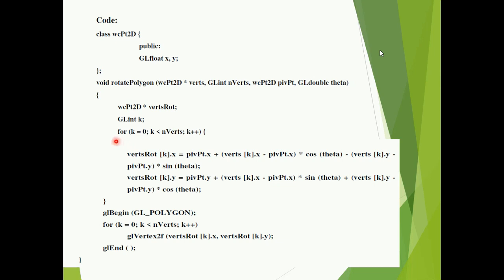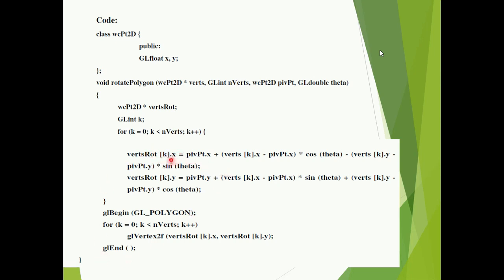So let us see the for loop: for k equal to 0, k less than n, the number of vertices, k plus plus, and then you define two values, x dash and y dash. So let us take the vertex values of x dash. How can we write x dash?